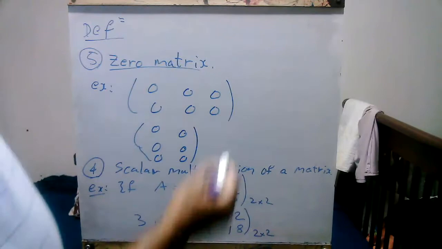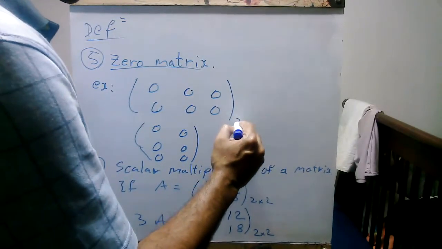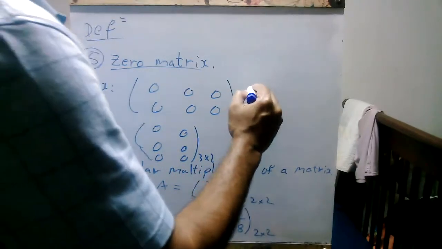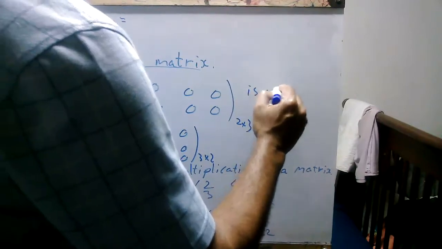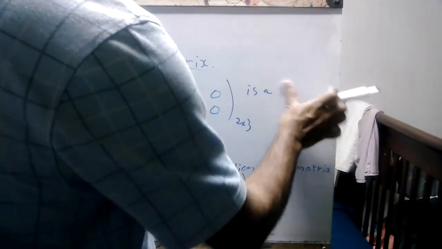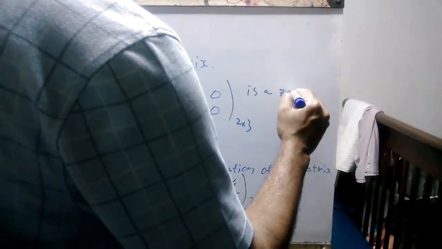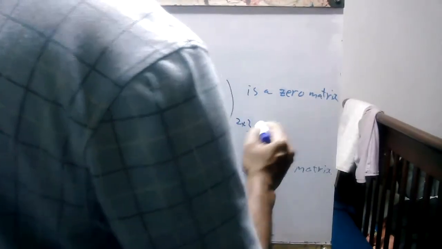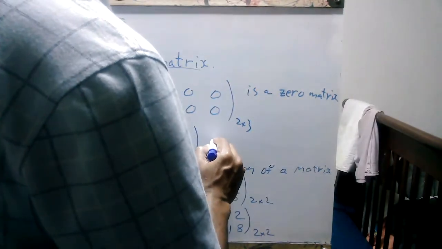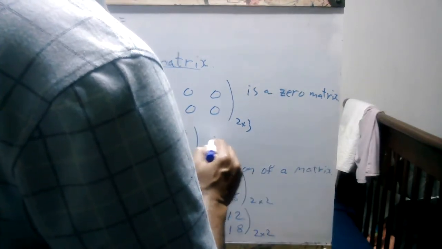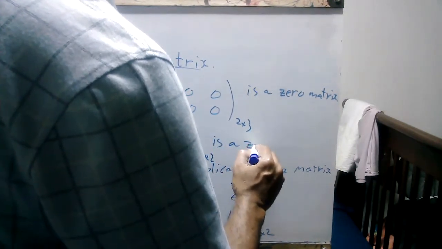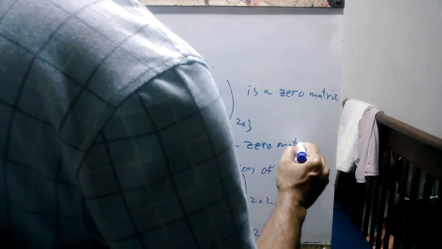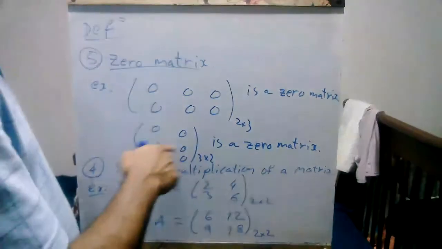But the dimension of this is 2 by 3. This is 3 by 2. But this is a zero matrix. This is a zero matrix too.